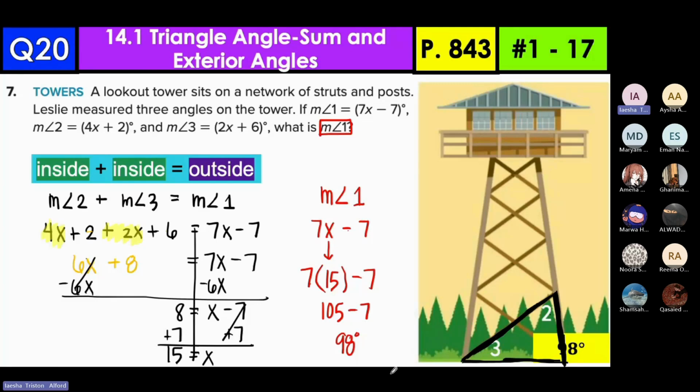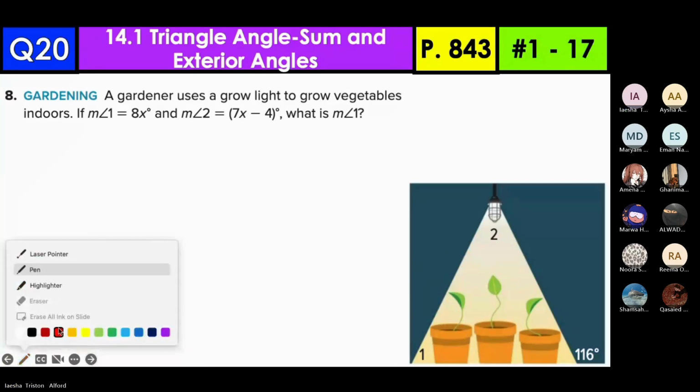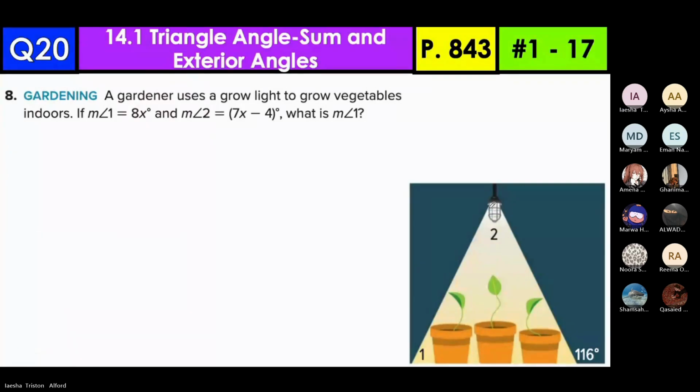What else do we have? Number 8. You see the triangle? So here is the triangle. What rule can you use? Triangle sum. You have 3 inside?